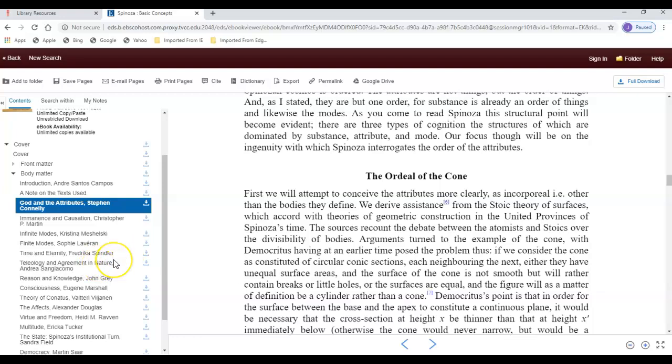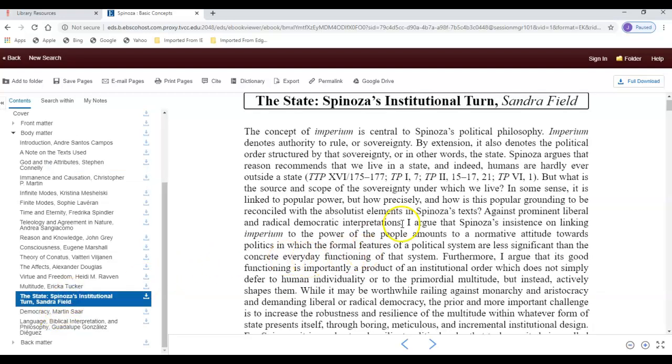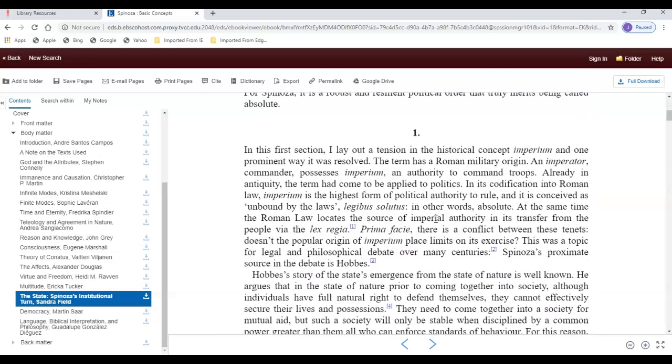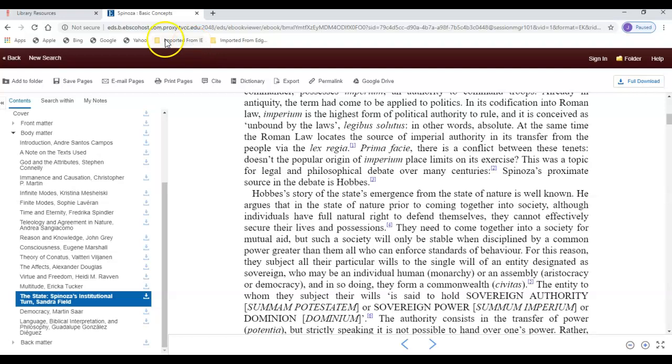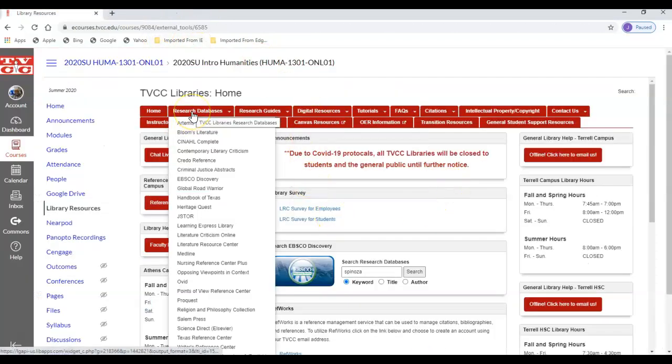Let me look down here. I think it's this one. No, this one. This is about Spinoza's view about politics, where it goes through those details. And so again, a way of looking at Spinoza.